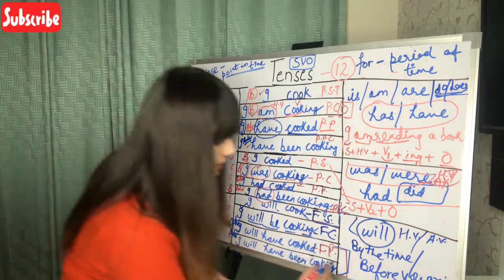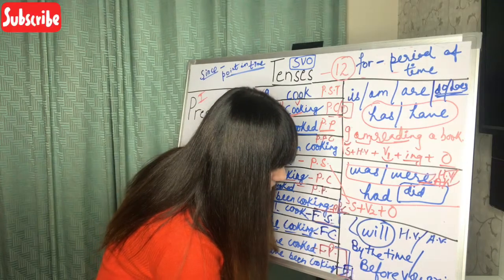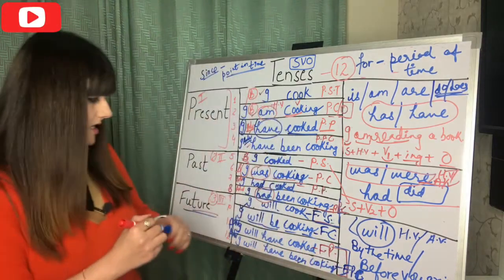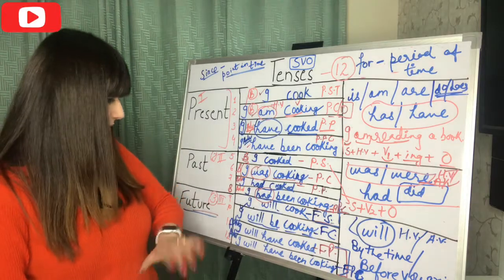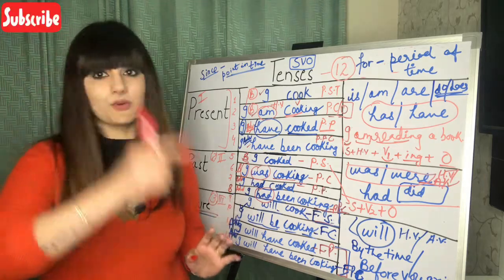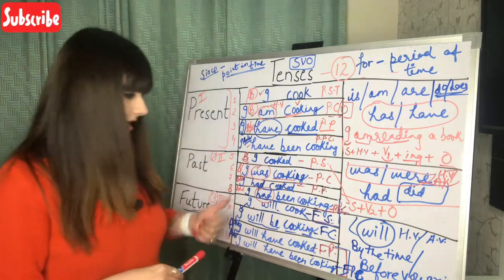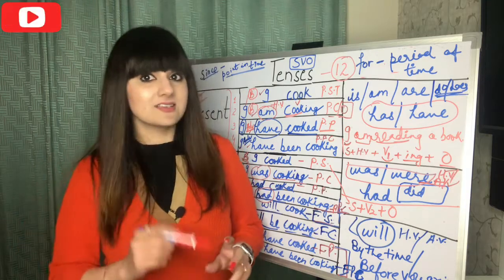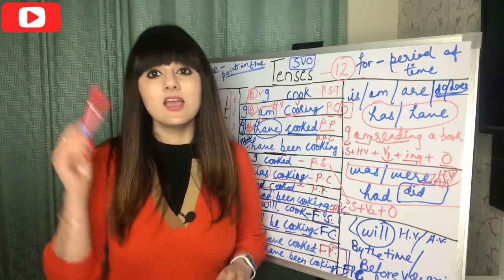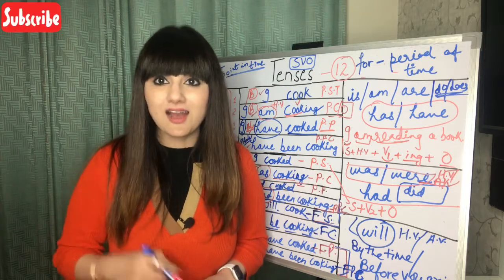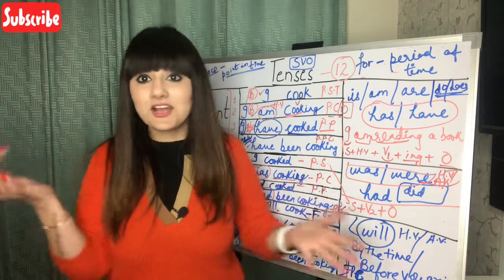Moving forward, your last tense now, the future perfect continuous tense. Before this, I want to give you one more example for the future perfect. Before the vaccine arrives, the corona will have gone across the world.